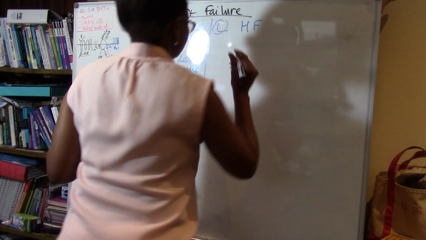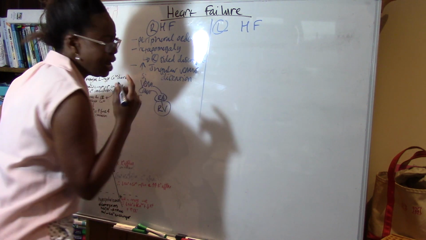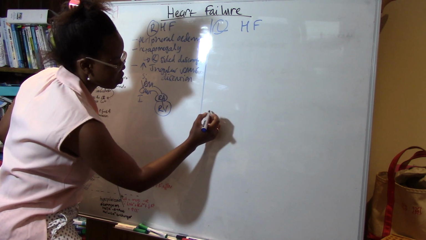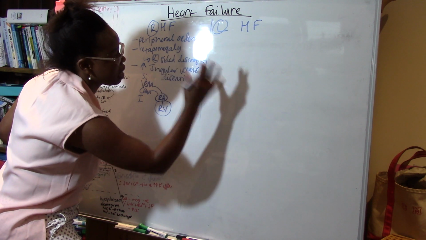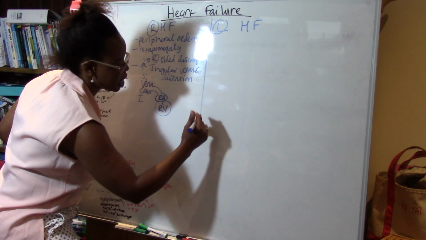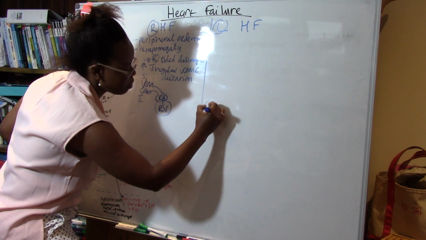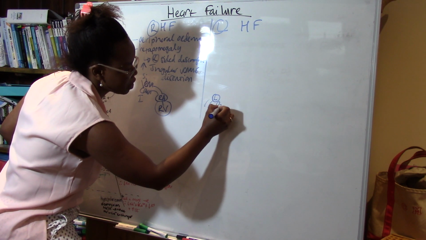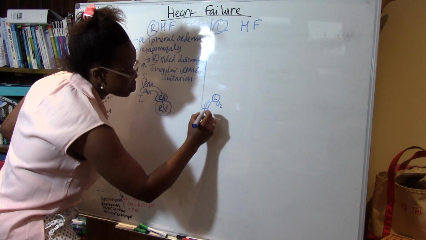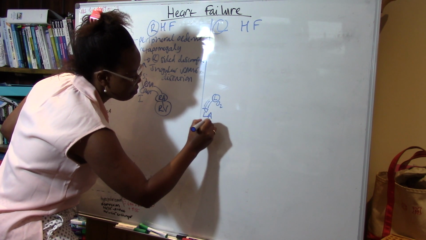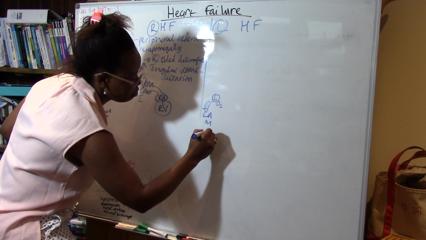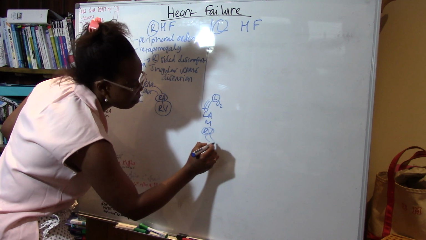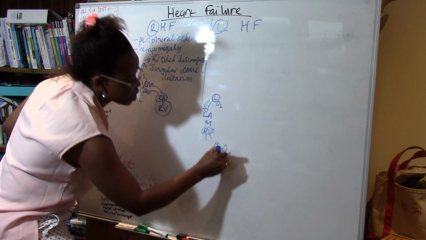Then if we're to look at left-sided heart failure, again, it's important to look at what the left side of the pump actually does. It receives its blood from the lungs, oxygenated blood from the lungs, into the left atrium through the mitral valve and into the left ventricle, which is the actual pump into the body.